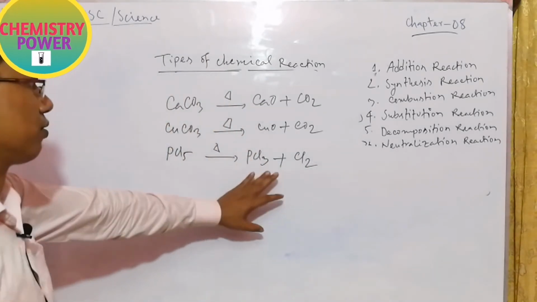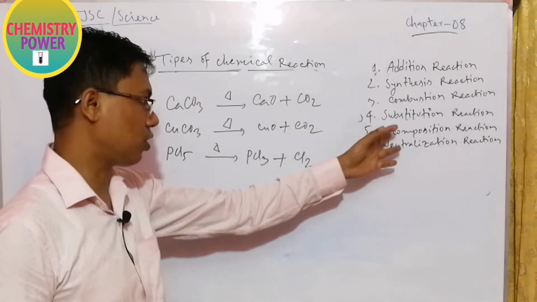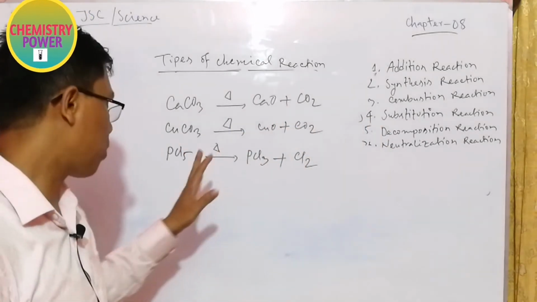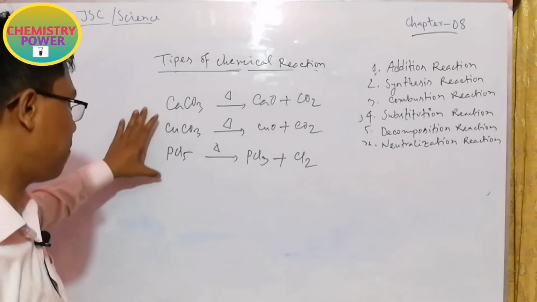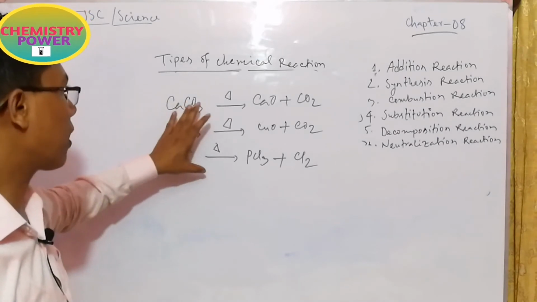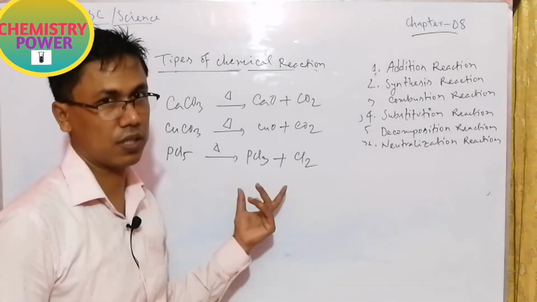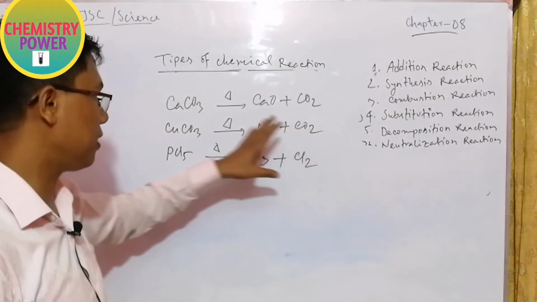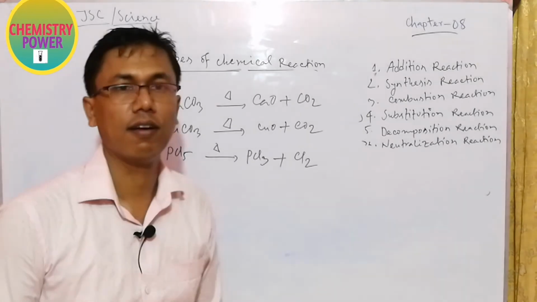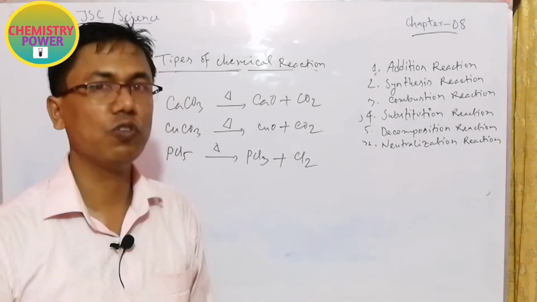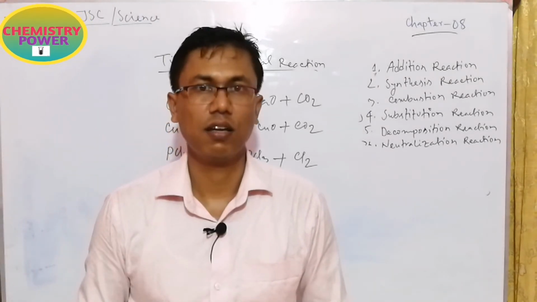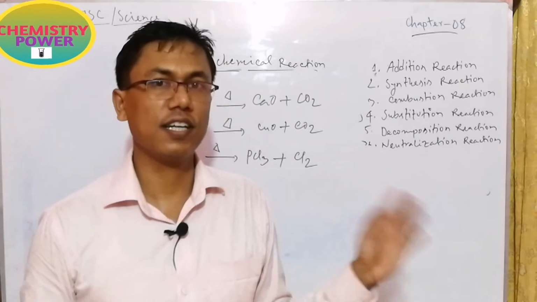All of these reactions are decomposition reactions, because in all of these a compound breaks into one or more compounds or elements. That is why these kinds of reactions are decomposition reactions. You have to remember one thing, that heat is always applied in these reactions.